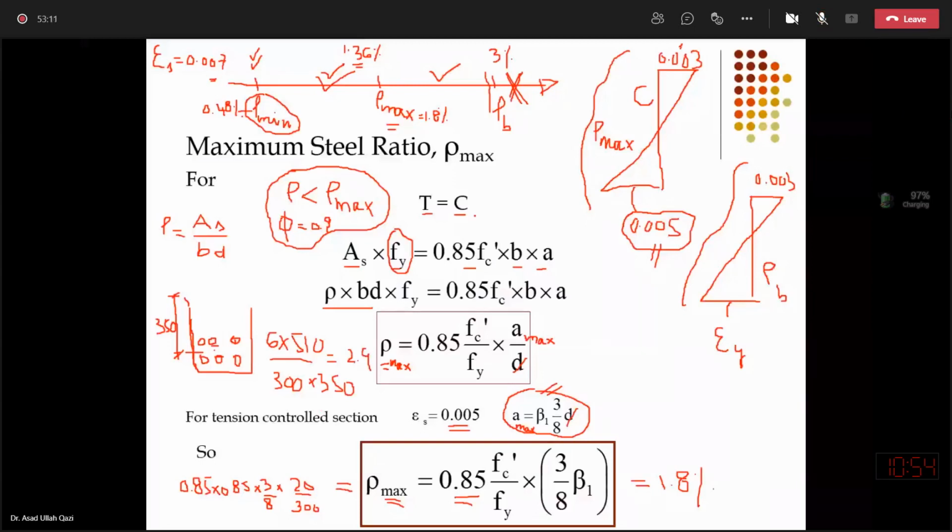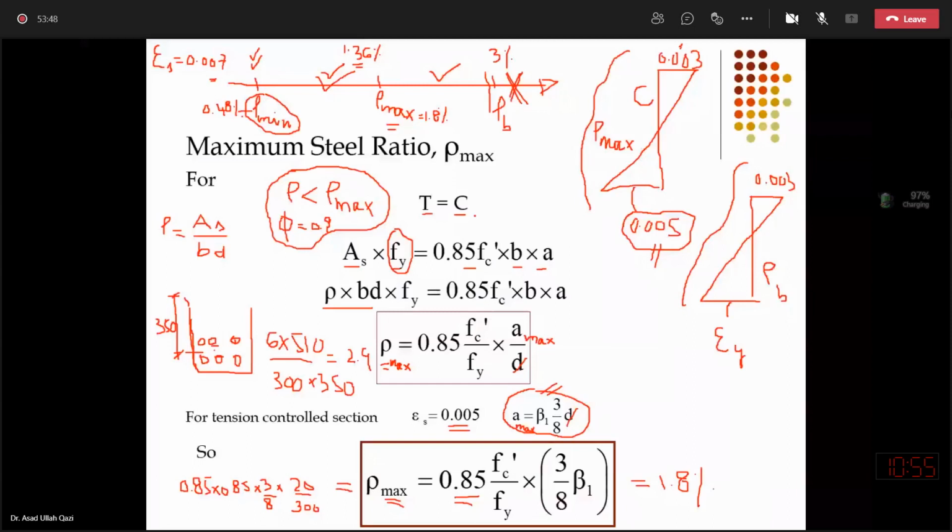So obviously, when you perform the capacity analysis, you will realize that your epsilon S will be very close to epsilon Y, little above epsilon Y, and your phi will not be now 0.9, it may be 0.67 or 0.68, depending on epsilon S. So in this way, assessment of rho minimum, rho max, rho balance right in the beginning, and then checking your cross-section rho will help you a lot in classifying your cross-section.